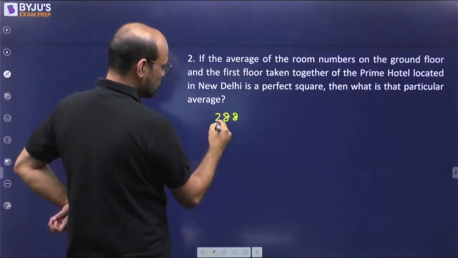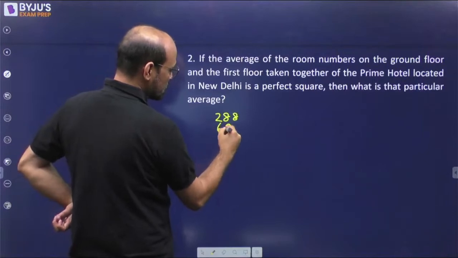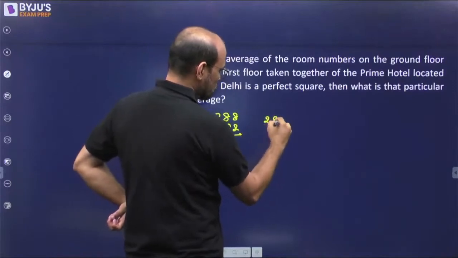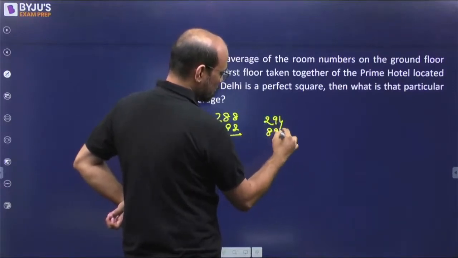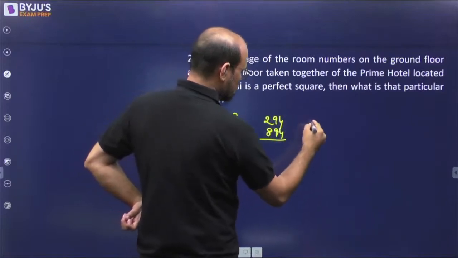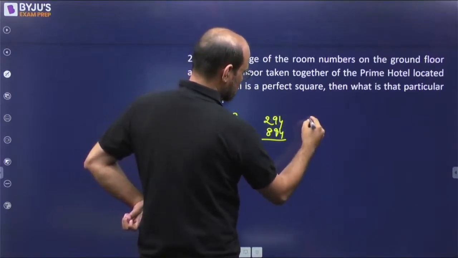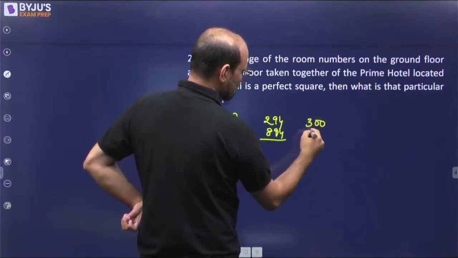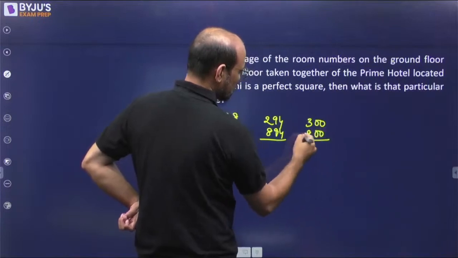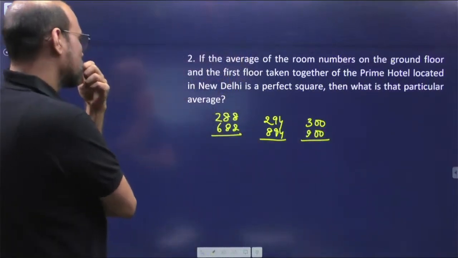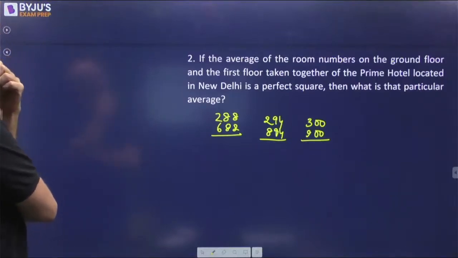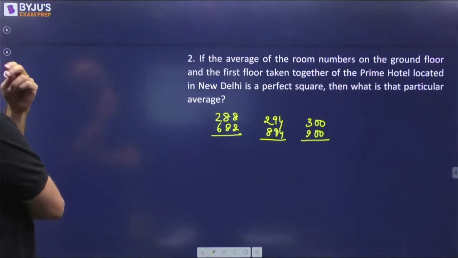And the first floor is going to be 600 more. So this is 688. Next one was 6 more. So this was 294 and then this was 894. The next one is 300 and the next one is 600 more. So 900. So the average of the room numbers on the ground floor and the first floor taken together is a perfect square.